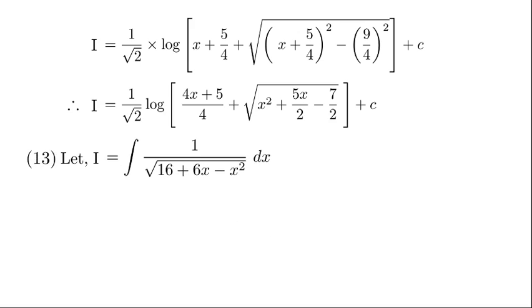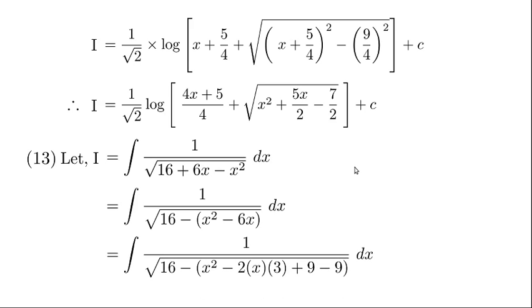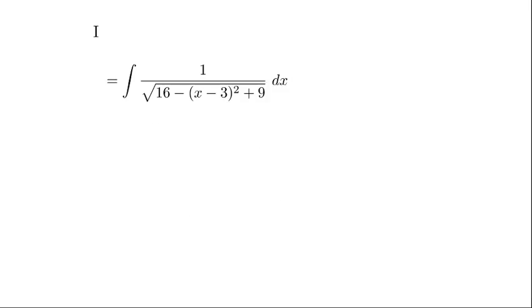And here the coefficient of x square is negative. So we take minus out only from these two terms; almost all the techniques are the same as what we have done earlier with the similar kind of problem without the square root. And now we again complete the square. That is, 6x is written as 2 into x into 3, so the role of b is played by 3. So b square, 9, is added and subtracted.